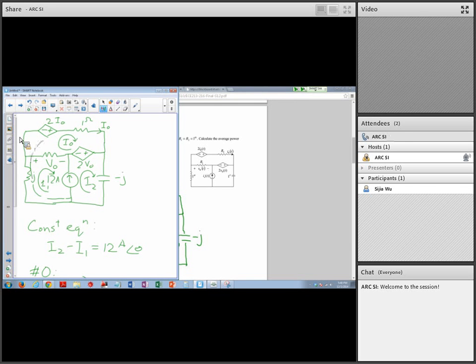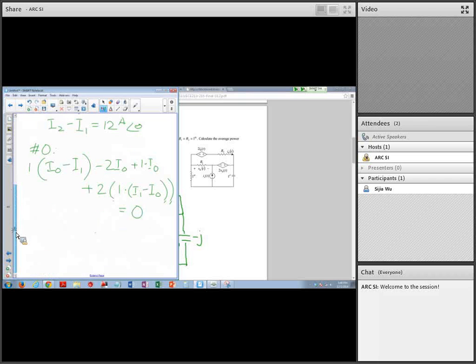This gives us j I1 minus 2 I0 plus I0 minus j I2 with everything. That's 3 equations and 3 unknowns.